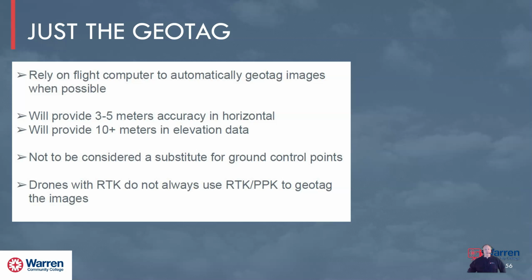When you just have the geotag that the drone GPS sensor provides and places on the picture itself of longitude and latitude, realize that you're relying on the flight computer to automatically geotag. Depending on where you are and the conditions where you're flying and the terrain, you're probably going to be anywhere from 3 to 5 meters of accuracy horizontal and probably 10 plus meters in elevation. So it's going to give you an estimate.